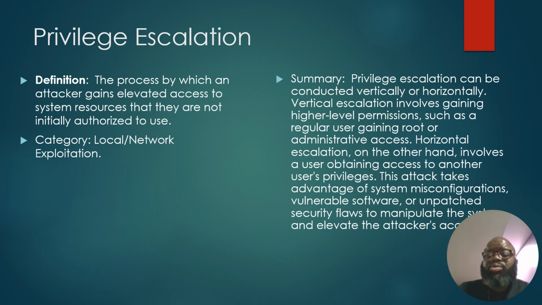Horizontal escalation, on the other hand, involves obtaining access to other users' privileges. The attack takes advantage of system misconfiguration, vulnerable software, and unpatched security flaws to manipulate systems and elevate the attacker's credentials.